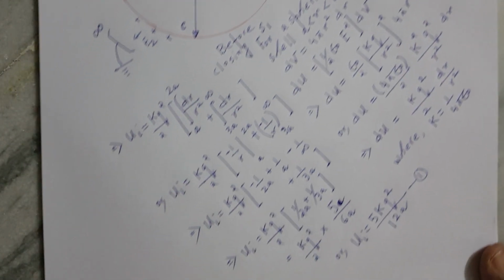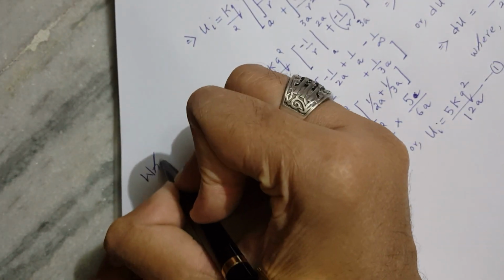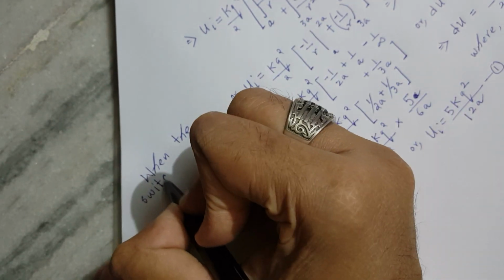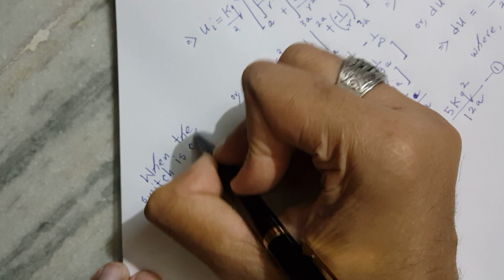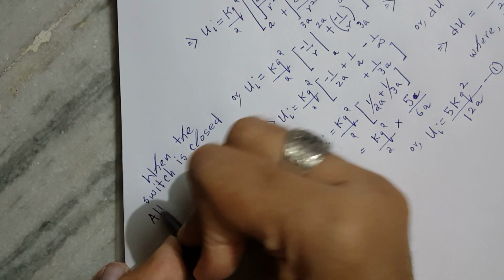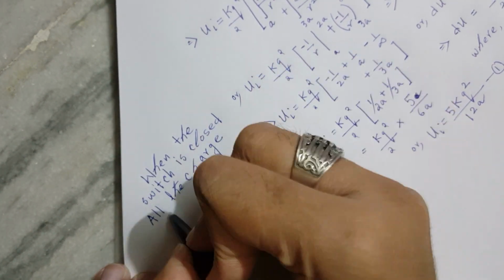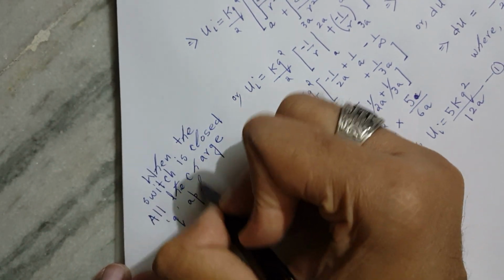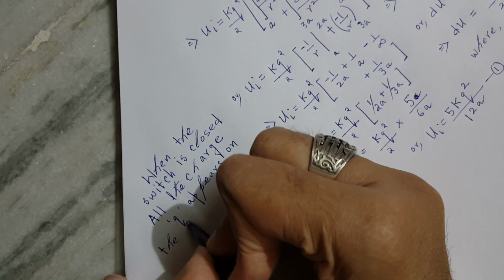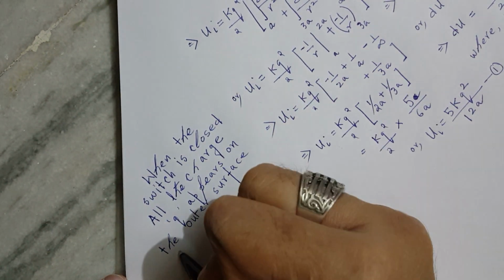So now when the switch is closed, all the charge Q appears on the outer surface of the spherical shell.